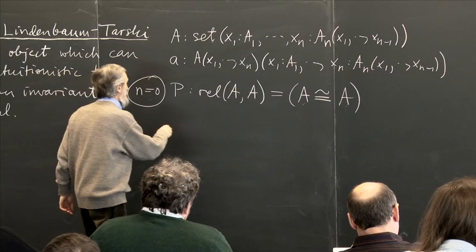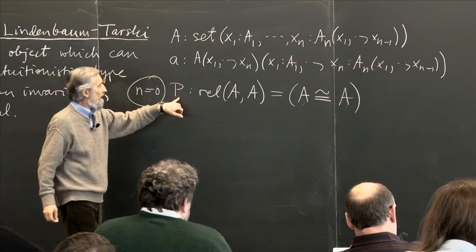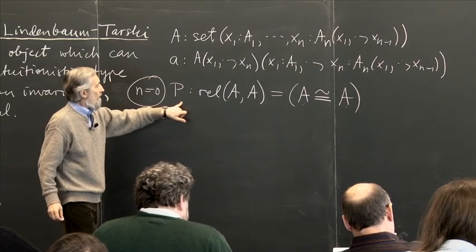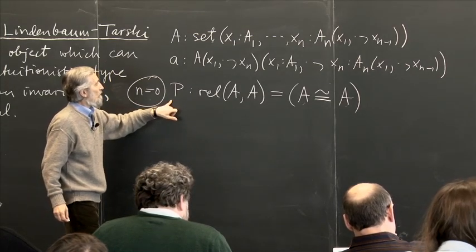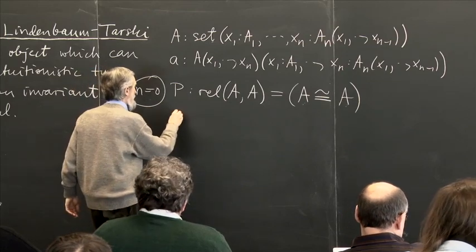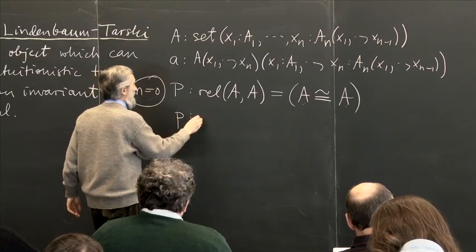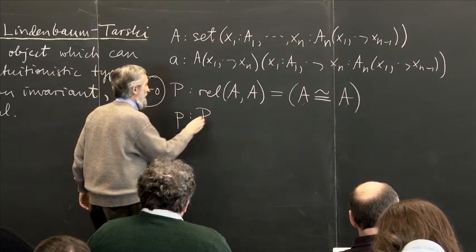Well, it means nothing more than that it's related to itself relative to the relation which A is equipped with. So we should have a proof p that little a here stands in the relation capital P to itself.